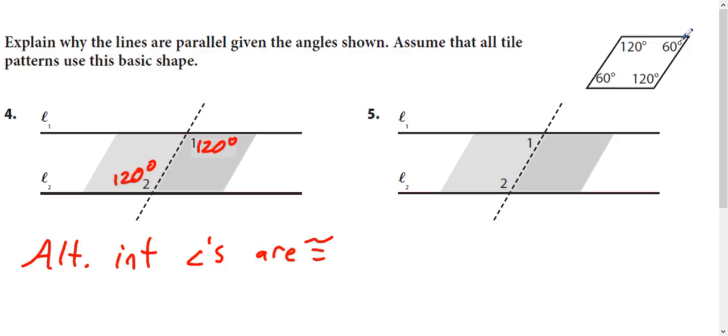Same idea, if we slide this parallelogram down here into the shaded portion, this would be 60 degrees, this would be 120 degrees, and then we're trying to relate 1 and 2. Those are same side interior.